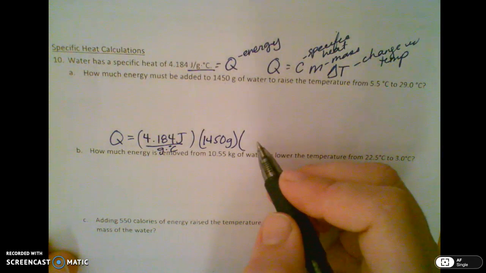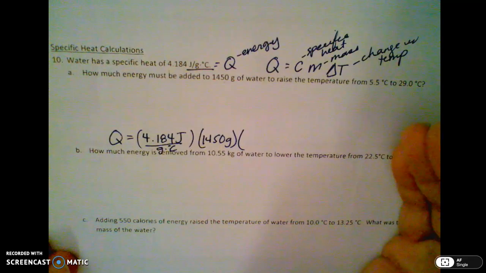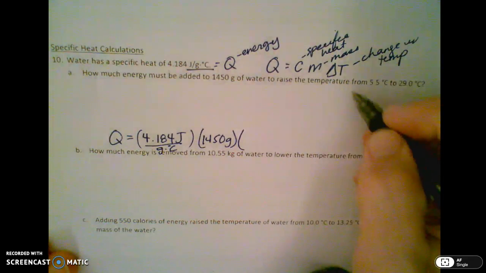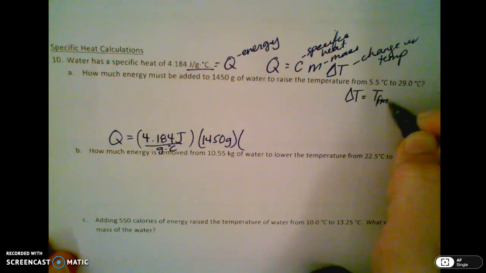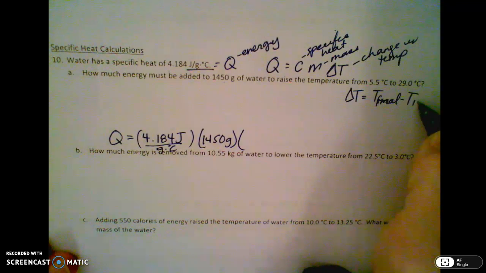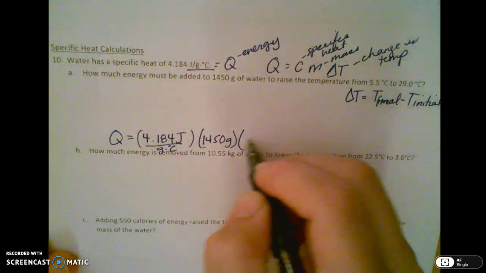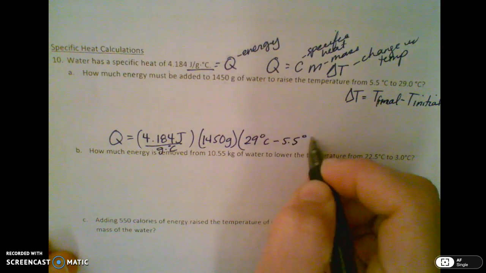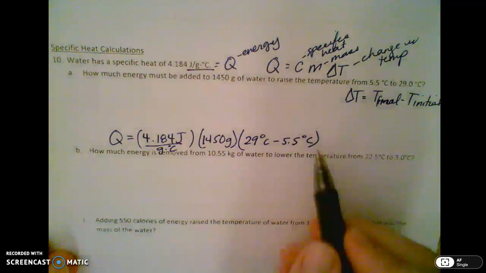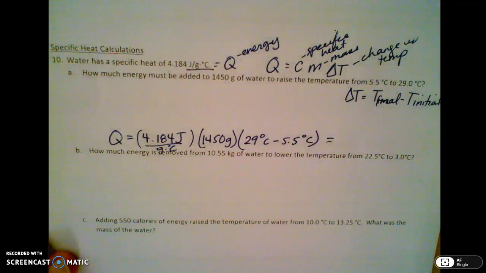And your change in temperature is going to be your final minus your initial. So we can put change in T equals T final minus T initial. In this case, it is going to be 29 degrees Celsius minus 5.5 degrees Celsius. And if you plug that in, that's going to tell you how much energy is used.